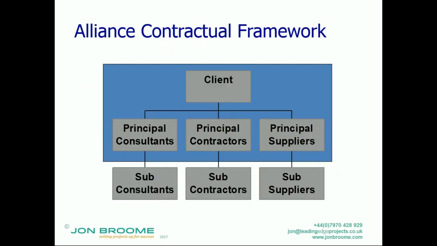And what happens, and I'll go back, is you have individual contracts between the client and the consultants and the key suppliers. And these individual contracts have option X12 added onto them. So there is no contract between these people across here.